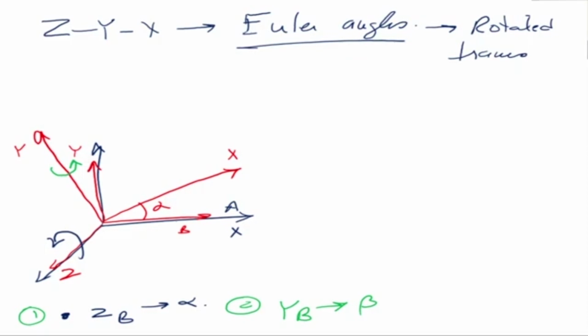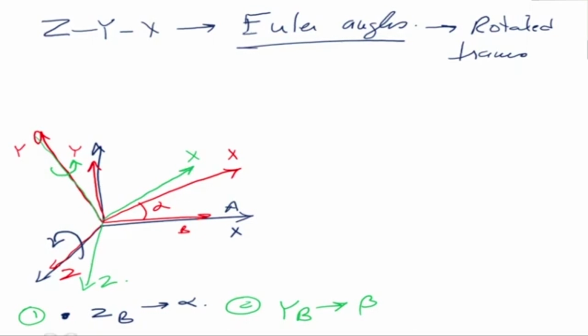If I rotate about the Y axis, the X will change and the Z will change, and Y remains here. So the X axis and the Z axis have changed now.